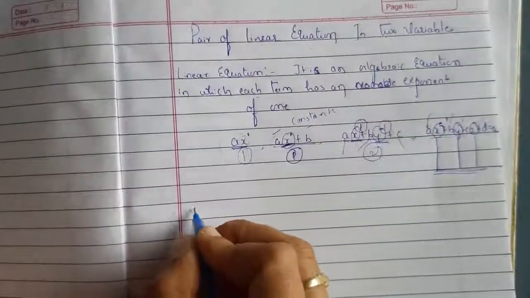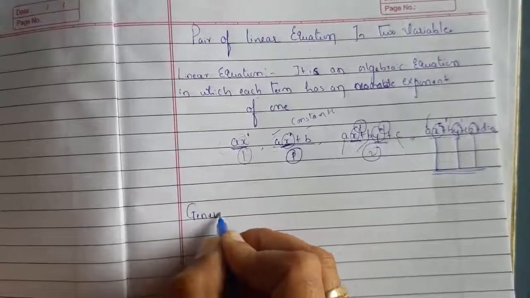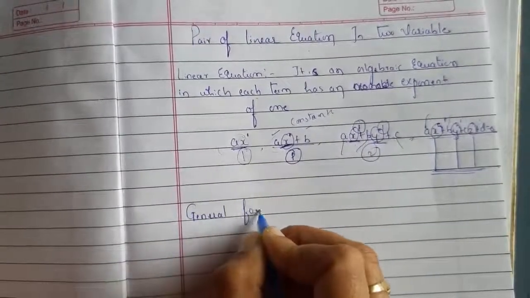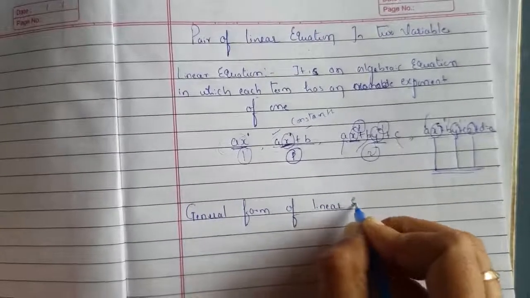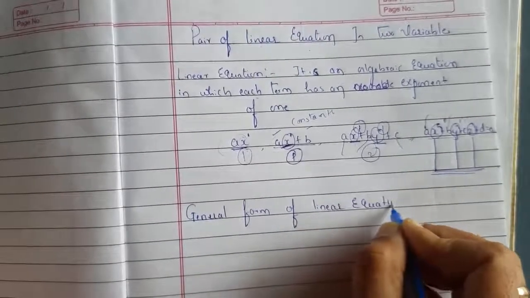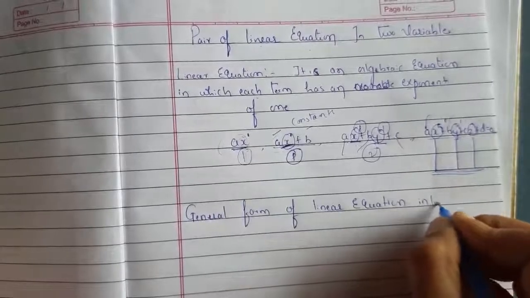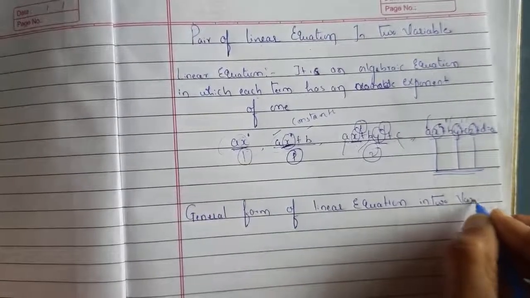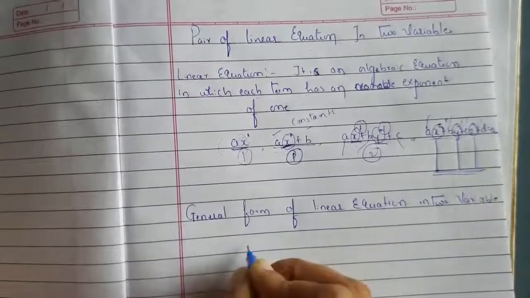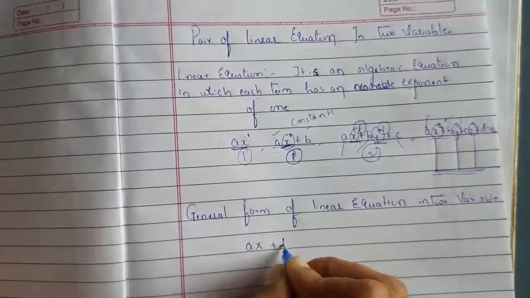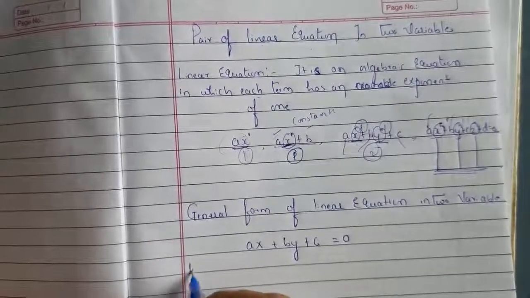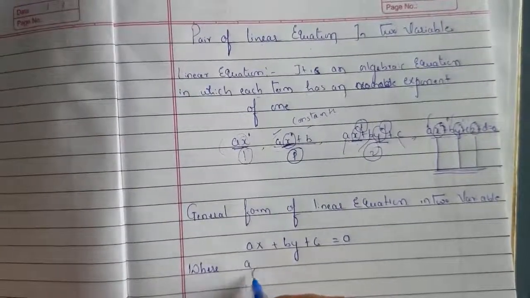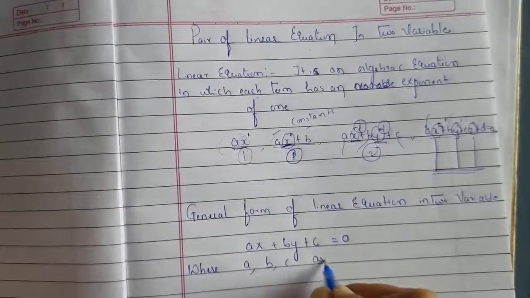Let us see the general form of linear equation in two variables. ax plus by plus c equals 0, where a, b, c are what here?